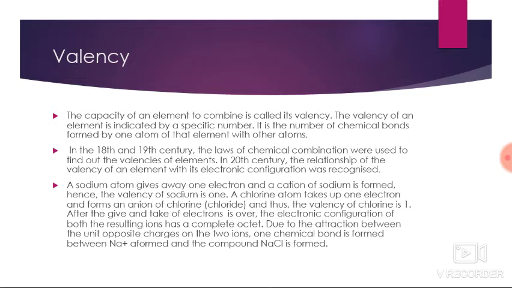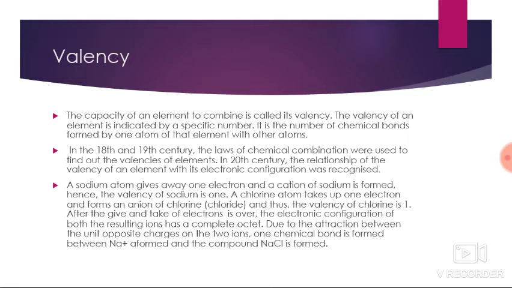After the give and take of electrons is over, the electronic configuration of both the resulting ions has a complete octet. Due to the attraction between the unit opposite charges on the two ions, one chemical bond is formed between sodium and chlorine and the compound NaCl, that is sodium chloride, is formed.